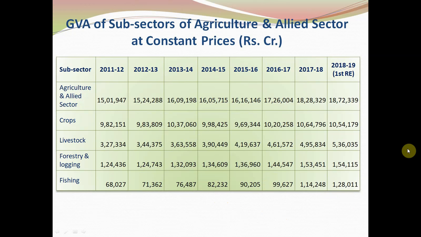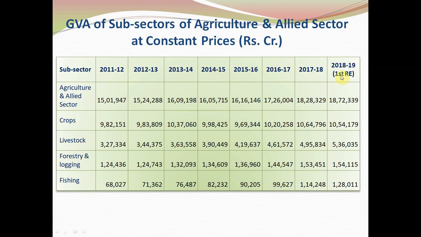This is GVA of subsectors of agriculture and allied sector at constant price. Agriculture and allied sector consists of crops, livestock, forestry and logging and fishing. So the sum of all these four sectors is the total agriculture and allied sector, and it is for the base year 11-12 and onwards.